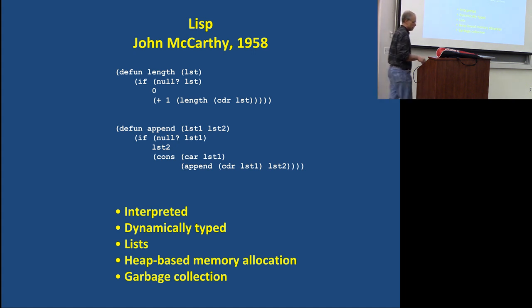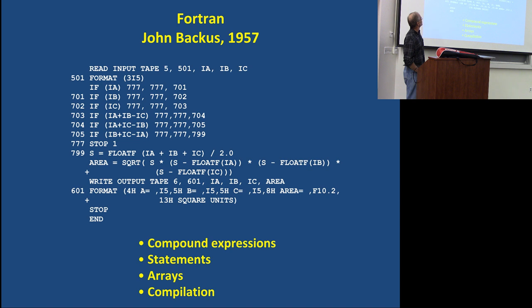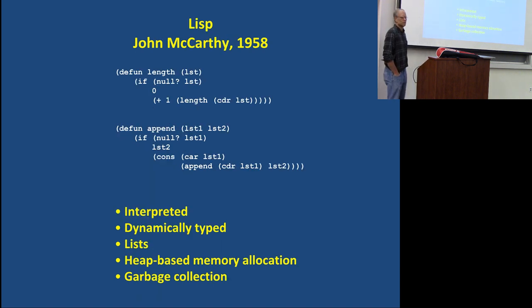To a modern eye, Fortran just looks ugly. Lisp looks like what? You have to compare that to a modern language. Python. It's a little bit different. It's a lot different, but Python really does have the feel of Lisp.